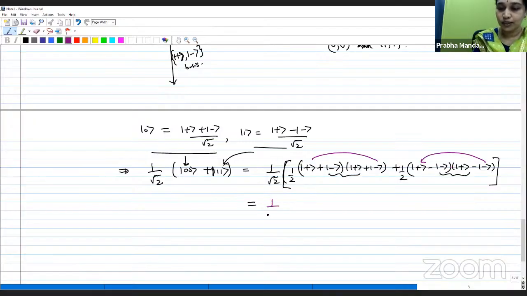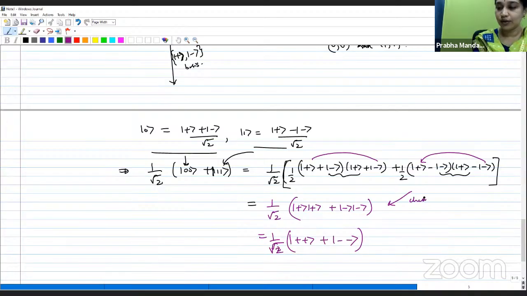So I hope you see that this evaluates to plus-minus, because I'll have a half and a half, so that's 1. The minus-plus here sits with a minus sign. The minus and minus together give you a plus. So I can also write this as plus-minus, just to say that this is all the same notation. So please check this.